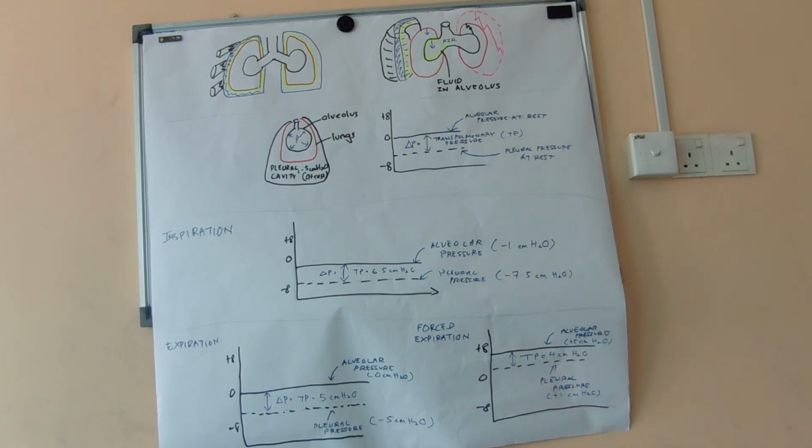So now it has become less positive. Here the transpulmonary pressure is only 4 cm H2O: 5 minus 1 is only 4 cm H2O. So this 4 cm H2O is lesser than this 5 cm H2O. That means you are exhaling more.